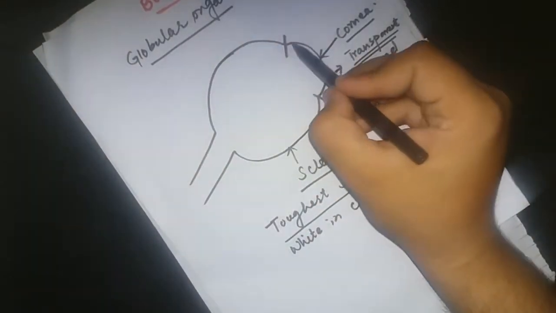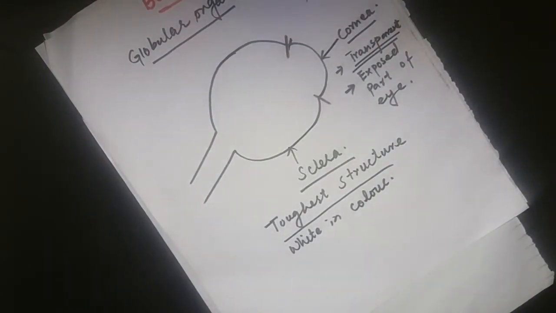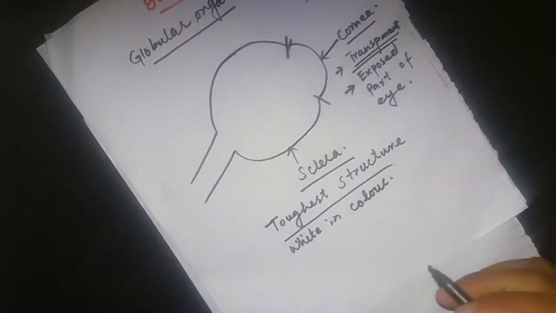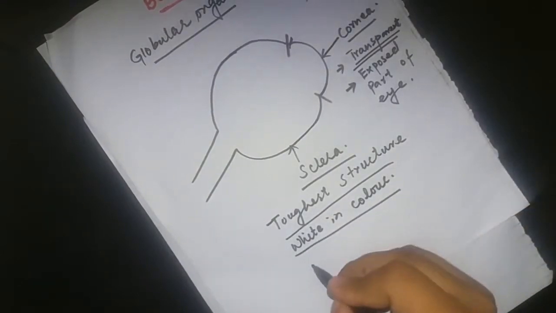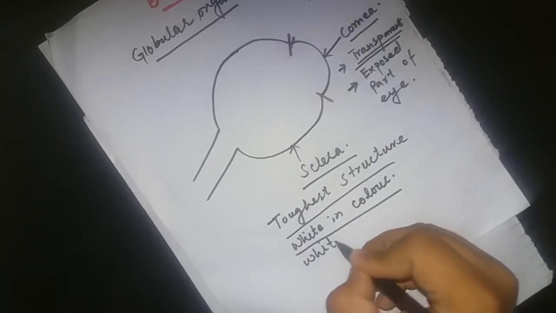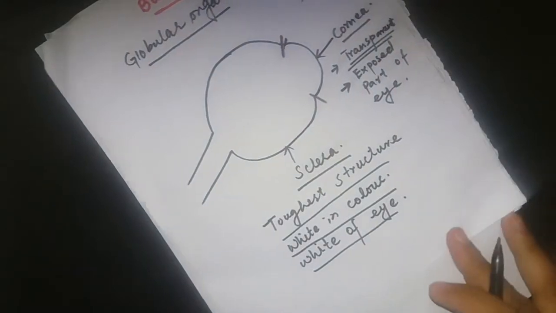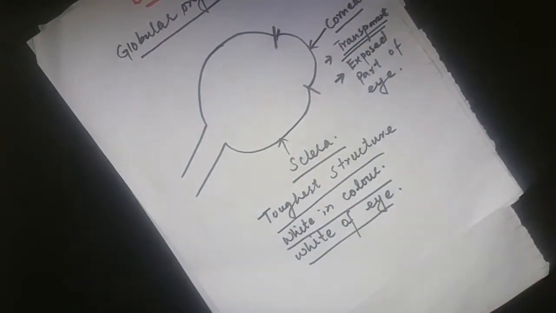It also covers the cornea up to the periphery, and it is also seen in the exposed part, but it is white in color and also called the white of the eye. Now sclera is the toughest part of the eye and cornea is the transparent part of the eye. Cornea is the exposed part of the eye, but sclera is only a little exposed.